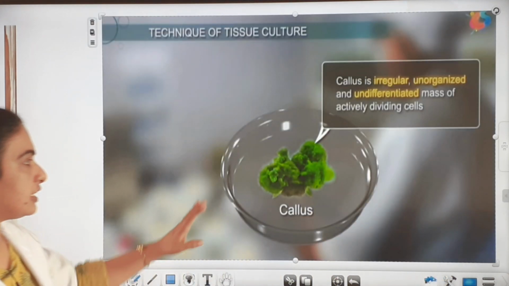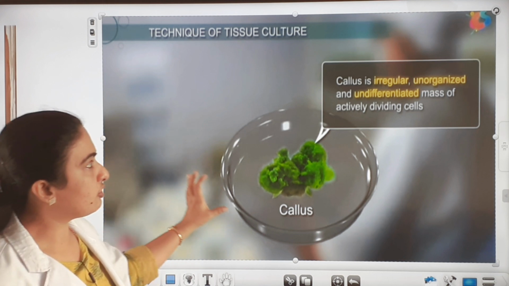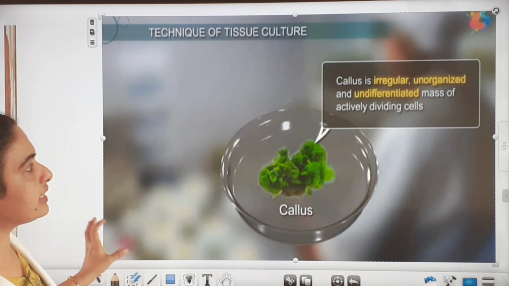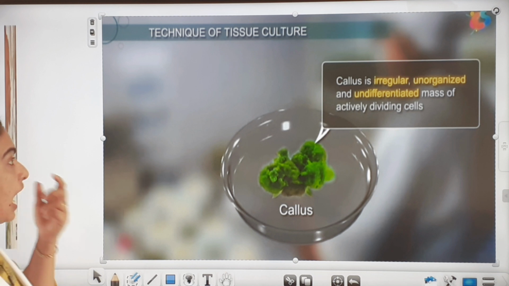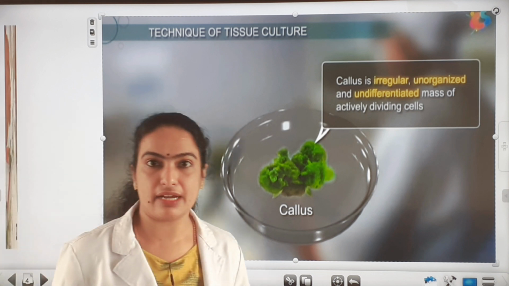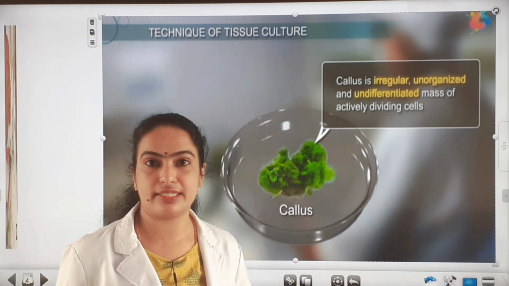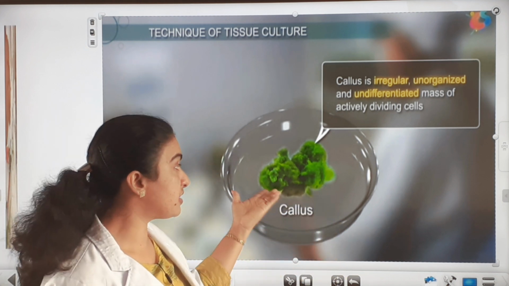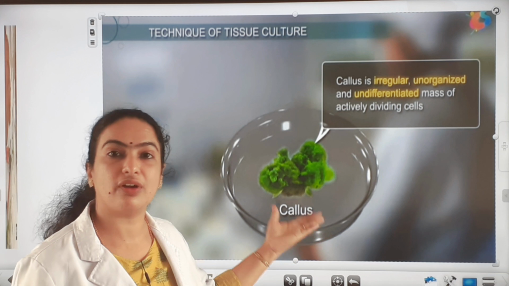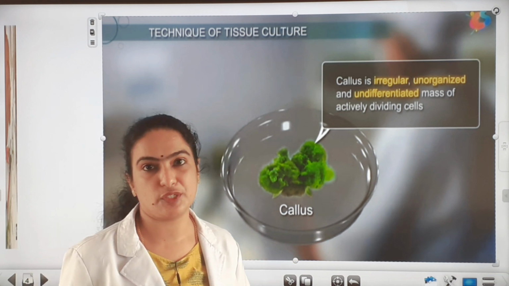Then it grows as an undifferentiated mass of cells. This irregular, unorganized and undifferentiated mass of actively dividing cells is formed in the nutrient solution, and this is called a callus. We can't differentiate it into leaf, stem, root, etc., so it is called an undifferentiated mass of cells.